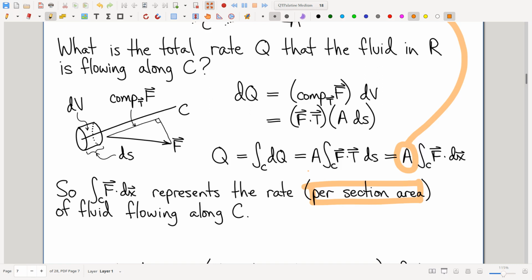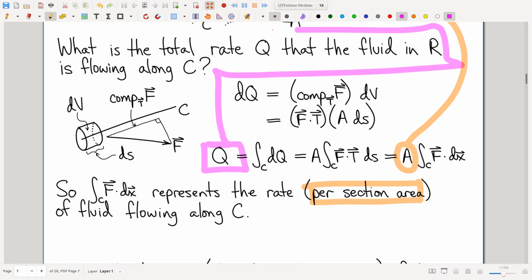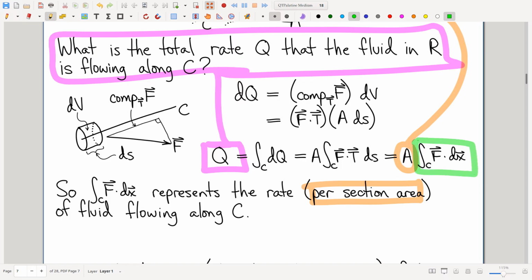I mean, obviously more area means more fluid, means more of what the question's asked. So let's kind of factor that out by dividing by it. Per cross-sectional area, the answer to our question up here, per unit area, is the line integral.